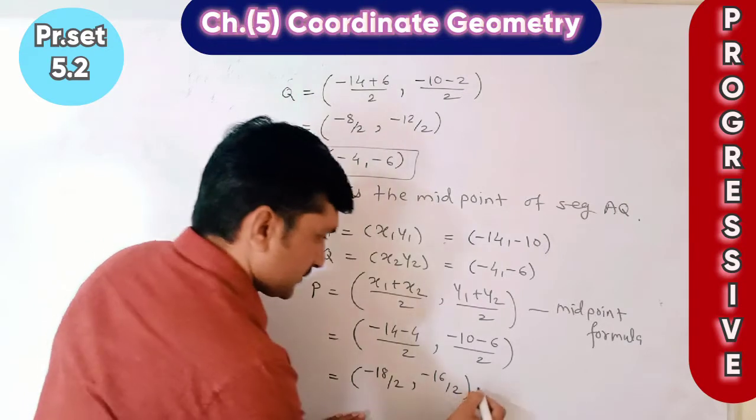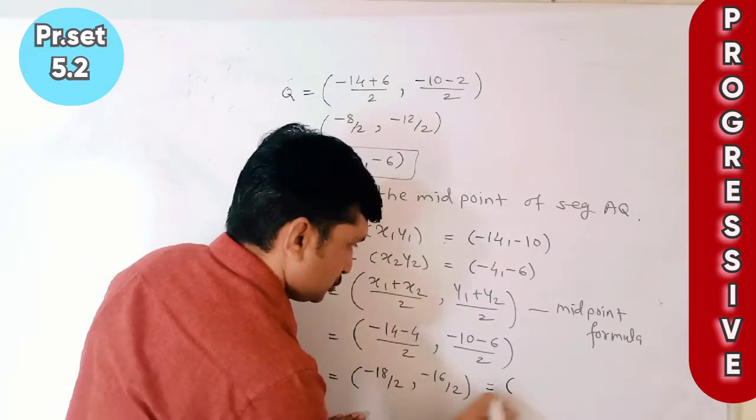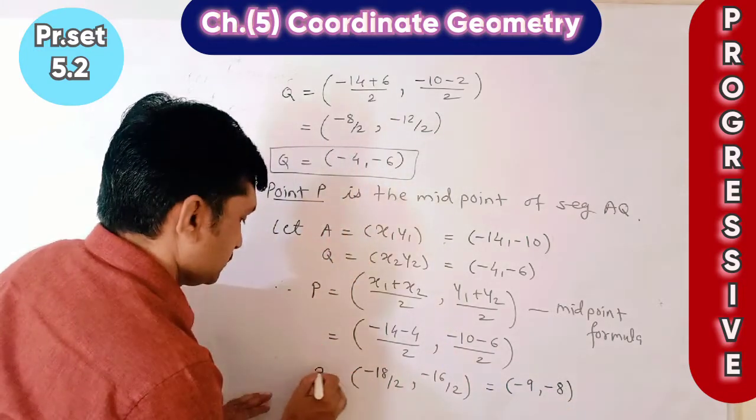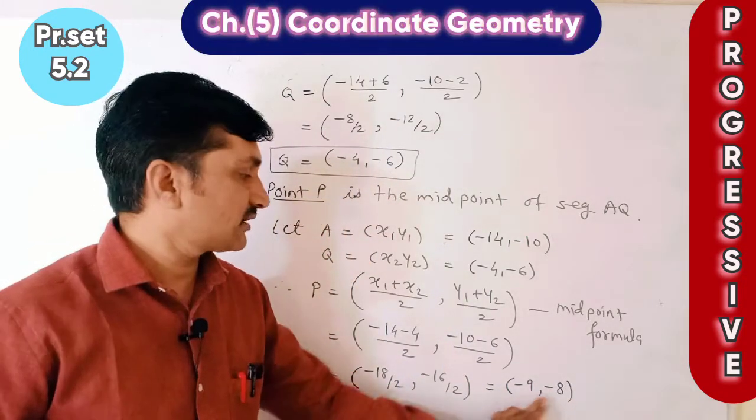By reduction we get the coordinates (-9, -8). Coordinates of point P are (-9, -8).